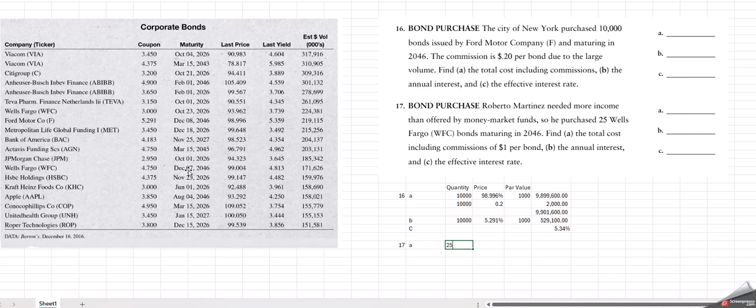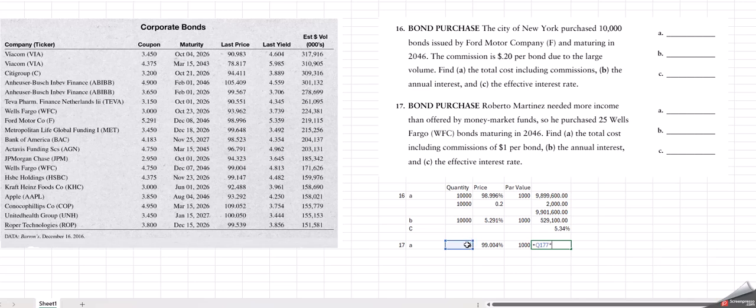So our quantity is 25 bonds. Our price, again, is going to be the percentage, and it is Wells Fargo 99.004. Okay, and maybe I go out one more so we see all of it. And then again, the par value is always $1,000, and now we're going to just multiply those.